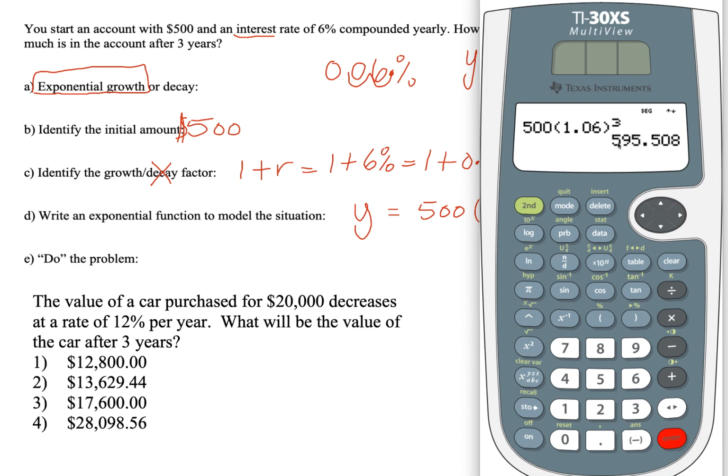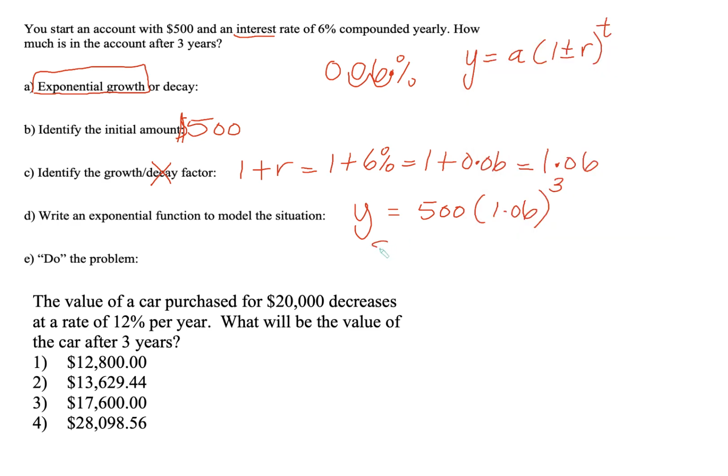And I get a value of 595.508. Because this is money, we're going to have to round to the nearest hundredth. So the 0 here is in the hundredth, and that 8 would make that a 1. So our answer, 595.51.